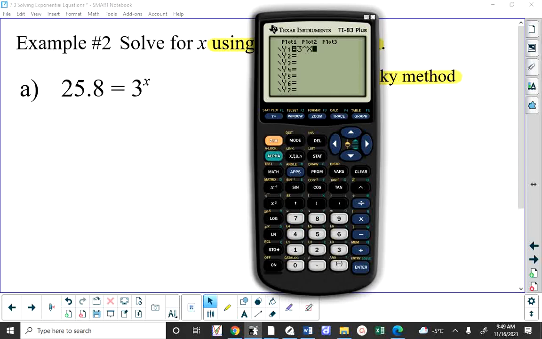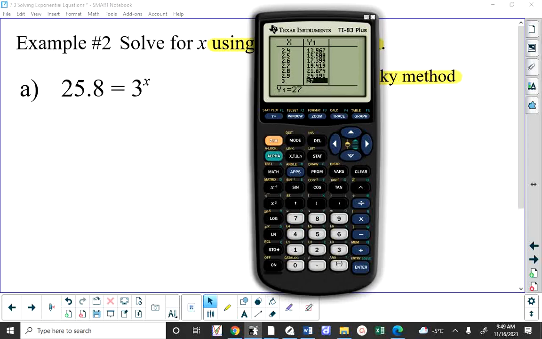We've already established that x must be between 2 and 3. So what I can do is set up my table, second window, to start at 2 and go up by a 10th. So it's going to generate 3 to the x values for x equals 2, 2.1, 2.2, 2.3, 2.4, etc. And I go to my table, and I'm looking for 25.8 for y.